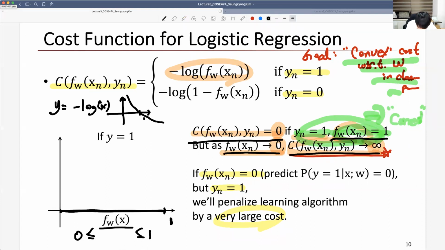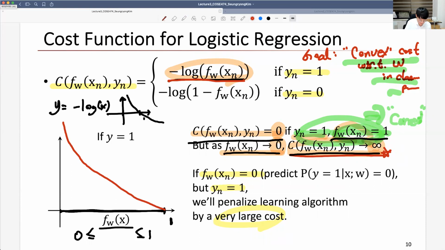Similarly, we can define the cost function when yn is equal to 1. It looks like that. This term with respect to f(W,xn) should be something like this.